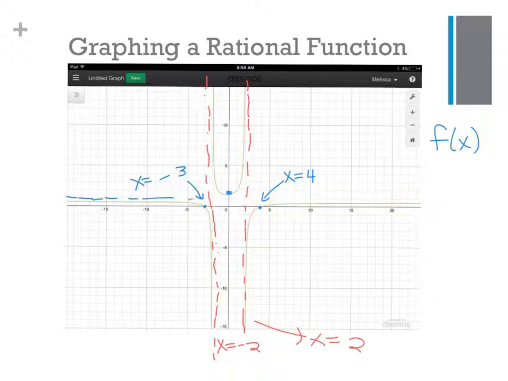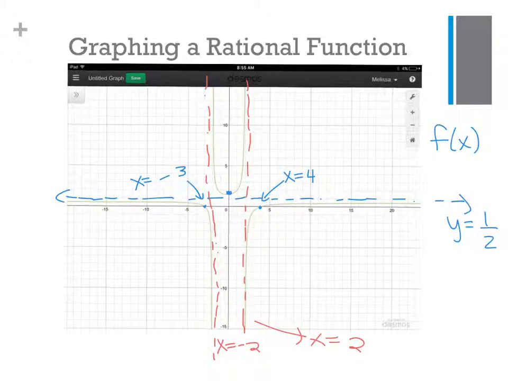Now you can also confirm your horizontal asymptote by determining your end behavior. So if you made that table of values and let x get really big, like let's say let x approach 1 million or 10 million, 100 million, you would see that the y-coordinate then is approaching 1/2. And you could also see the same thing when x approaches negative infinity.